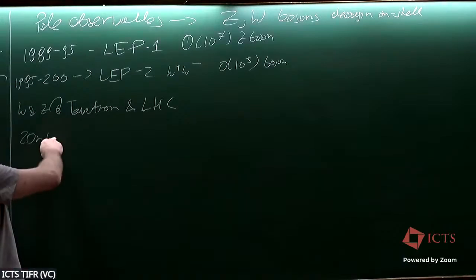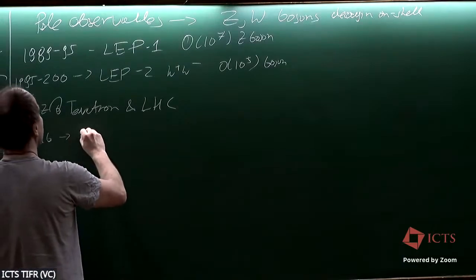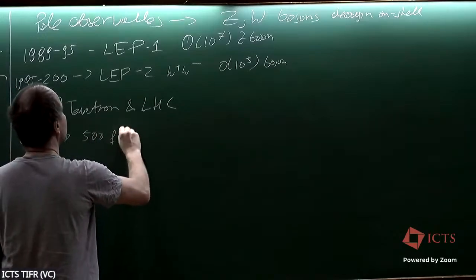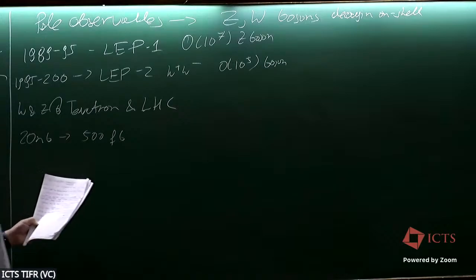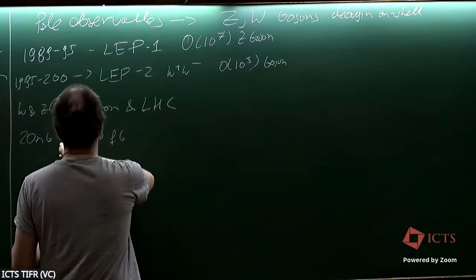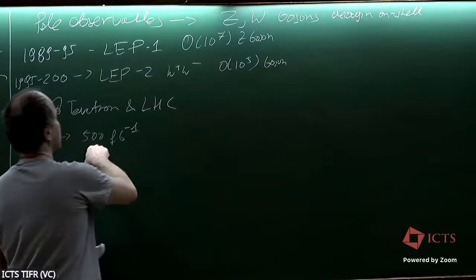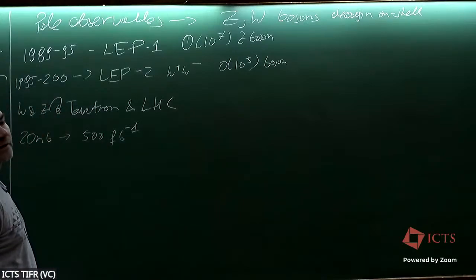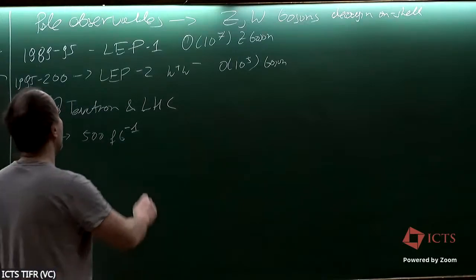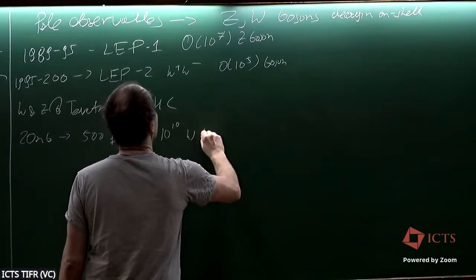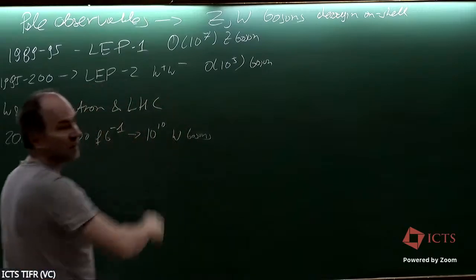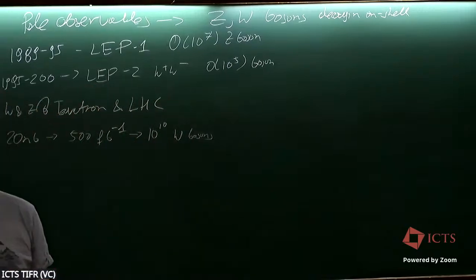And given that we have 50 inverse femtobarn, which is more or less the luminosity that was collected so far, it gives you 10^10 W bosons. So you have a huge sample, also of W bosons and similarly Z bosons at the LHC.